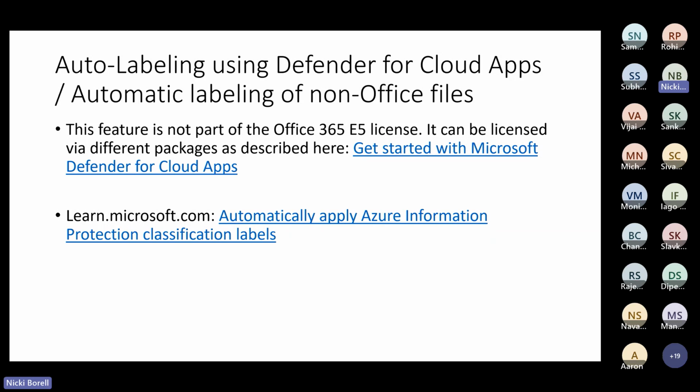It's part of M365 E5, or you can license it separately. I also put in the link here to the detailed licensing sheet by Microsoft, and the Microsoft Learn link on how this is configured and set up step by step, which I showed you in my demo as an overview.